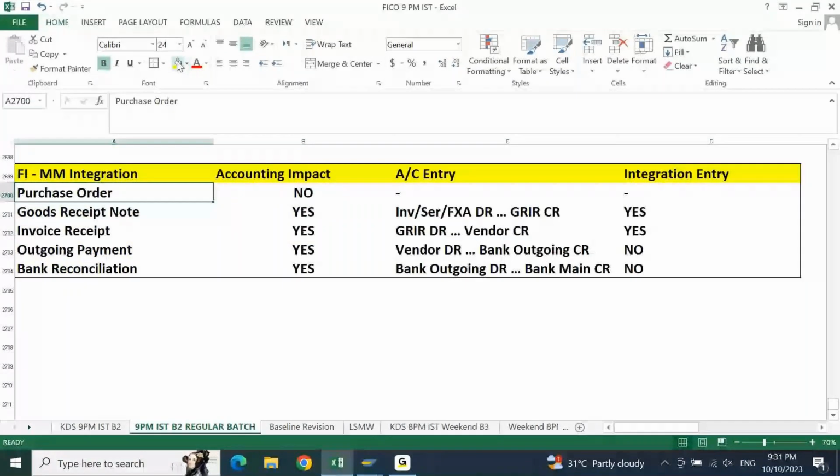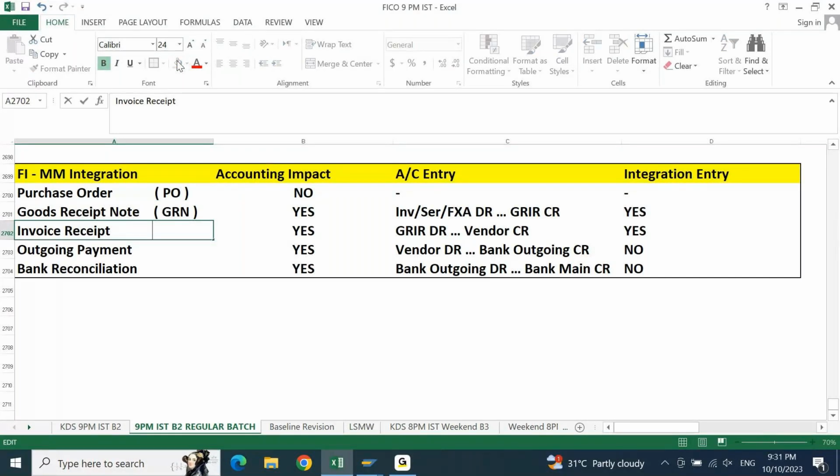Right? Now this purchase order is called as PO. When you talk about goods receipt, you call it as GRN, goods receipt note. Invoice receipt, you call it as LIV, logistics invoice verification. Invoice receipt is nothing but logistics invoice verification.